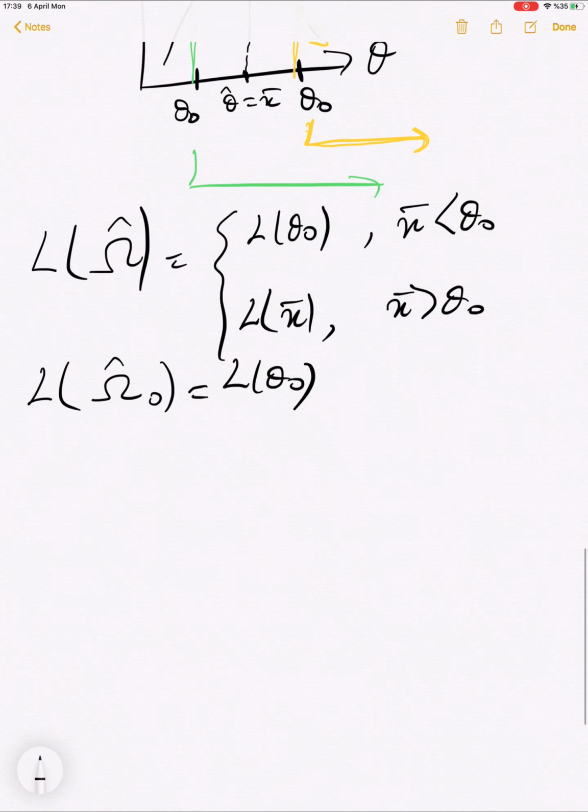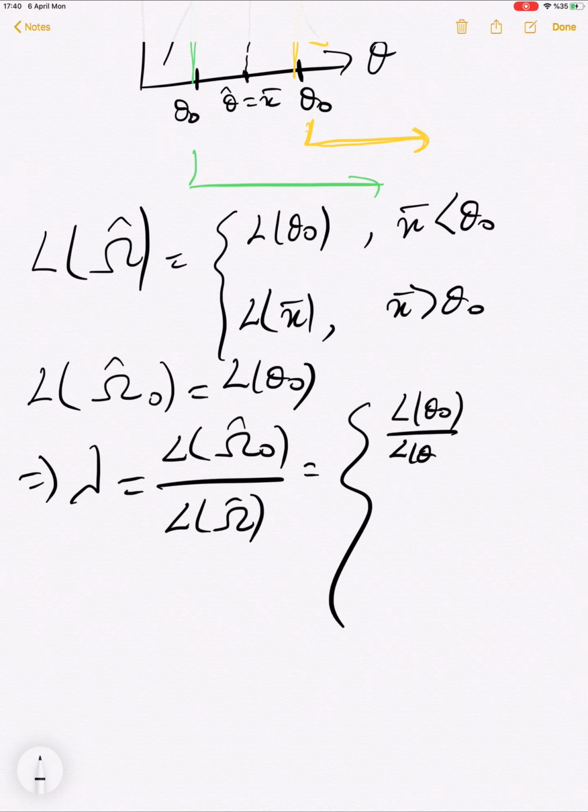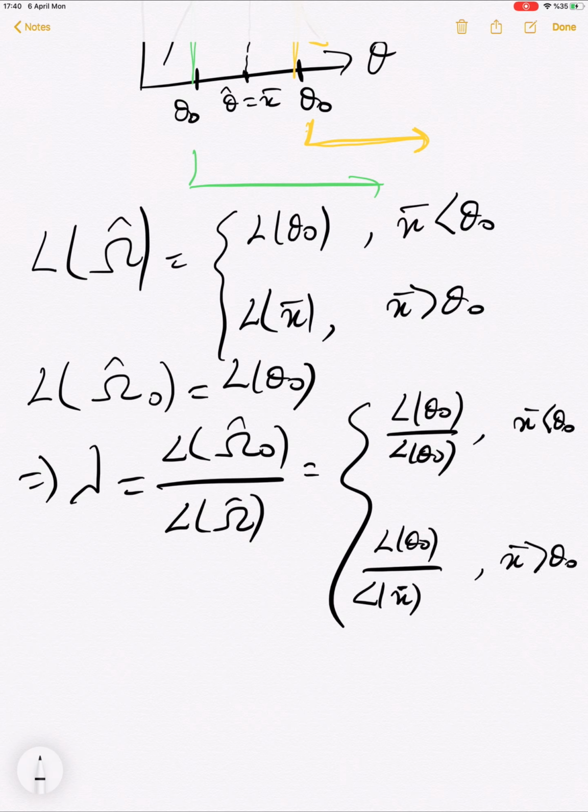Okay, then my likelihood ratio is the ratio of these two cases. So I have to define L theta 0 over L theta 0, where x bar is less than theta 0, and L theta 0 over L x bar where x bar is greater than theta 0.